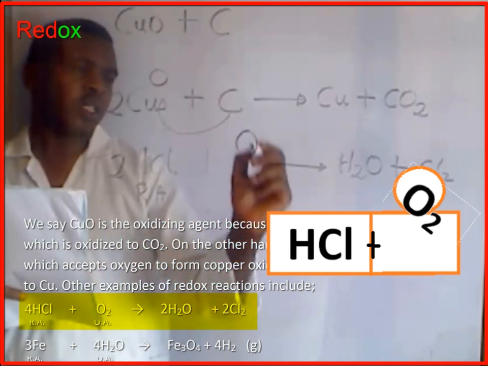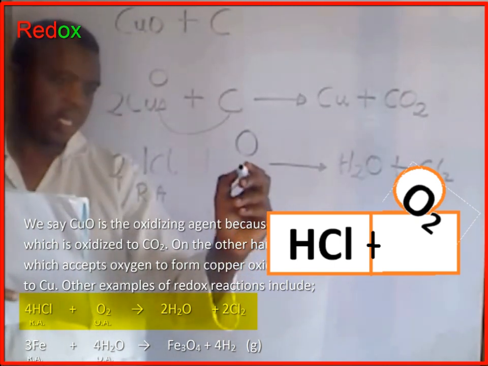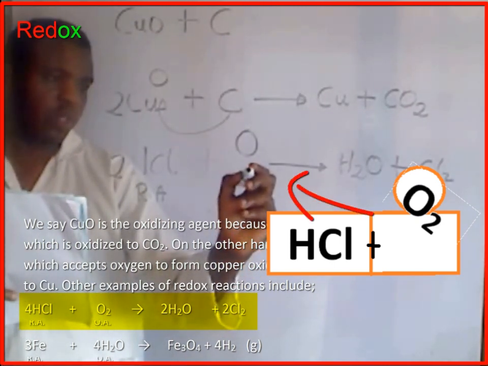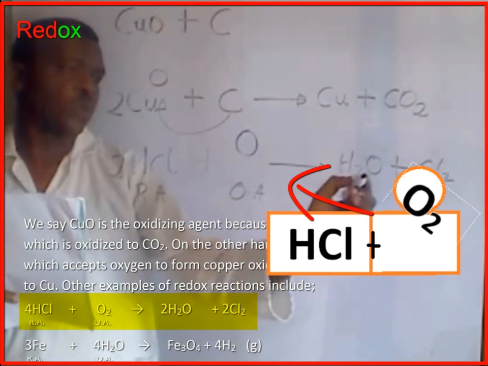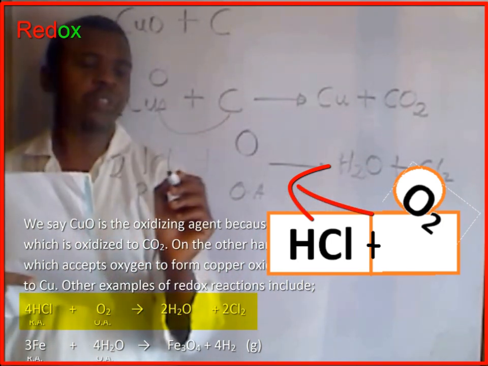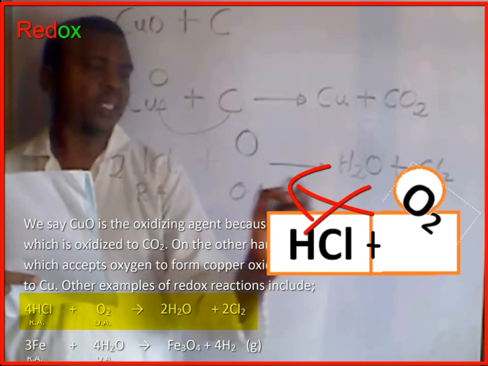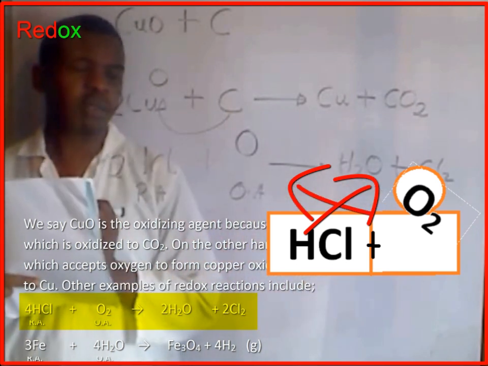Oxygen donates oxygen, so it's the oxidizing agent and is reduced to water, while hydrogen chloride gains oxygen and is oxidized to water.